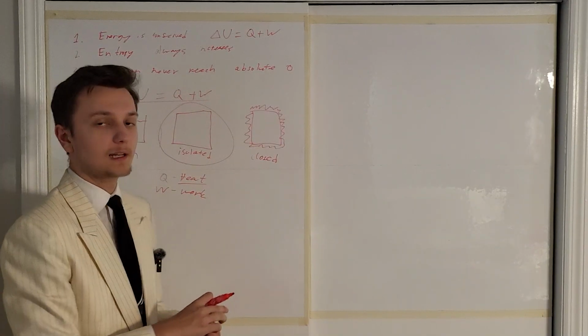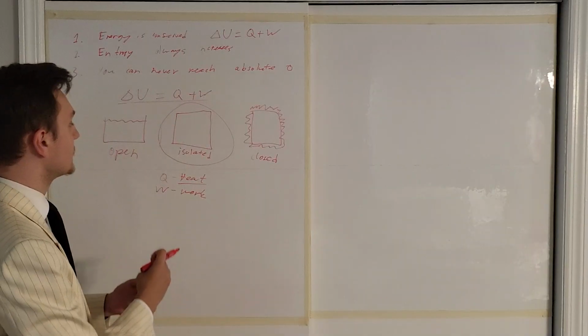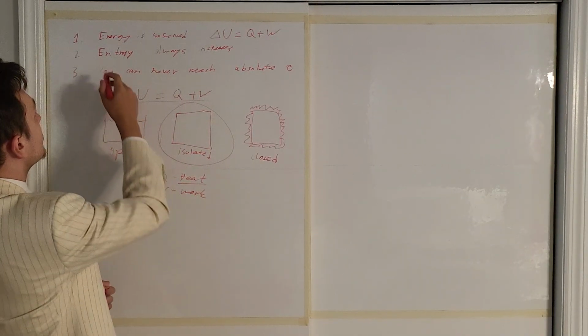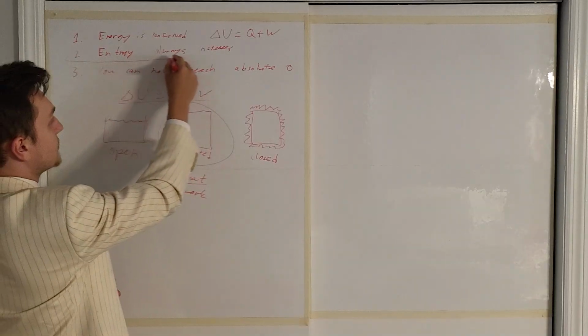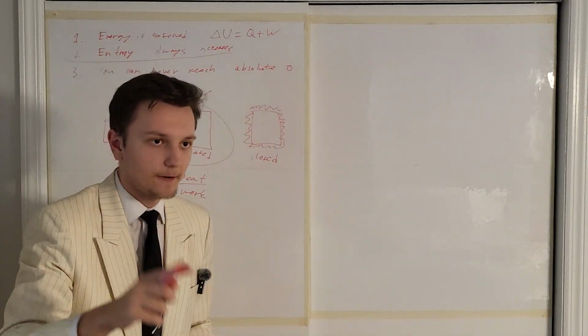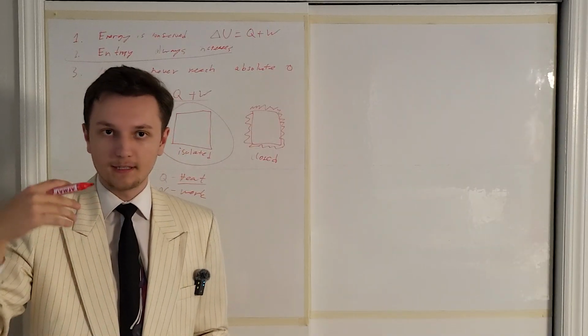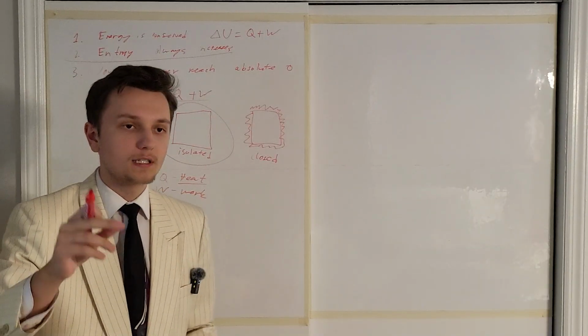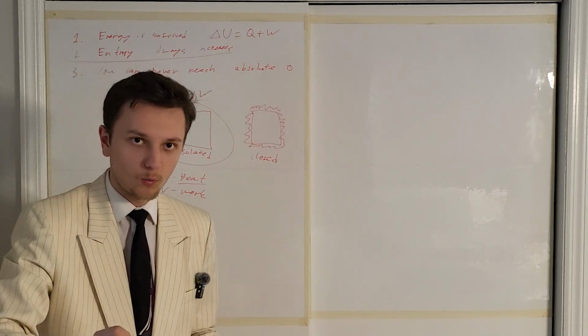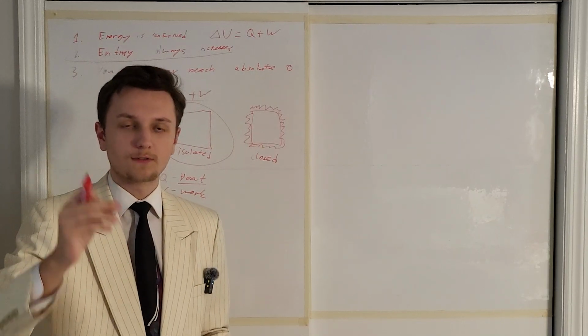And if you're a little bit more advanced, you can use this definition I've just given you and say, based on law 2, the entropy of the universe always increases. It means that in every process, in every interaction, you must always convert some amount of work to heat. You must always lose useful energy.